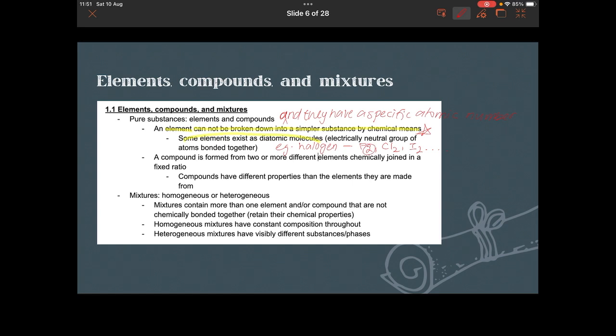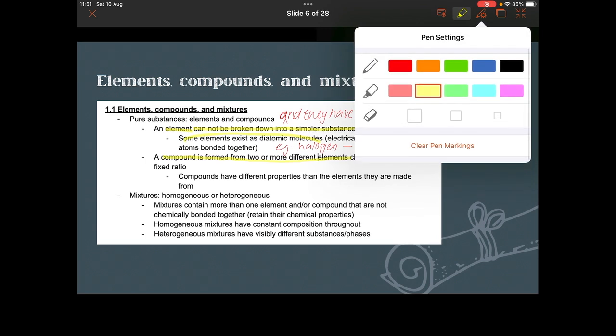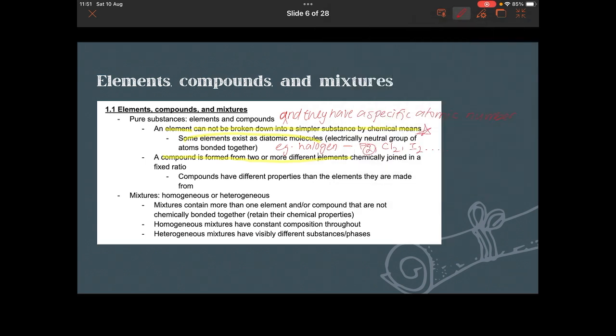So that's what this little tube signifies. On the other hand, a compound is formed from two or more different elements chemically joined in a fixed ratio. So there's endless numbers of compounds. For example, C6H12O6, that's glucose. There is CH3CH2OH, that is ethanol. There's also H2O, water, so on and so forth.